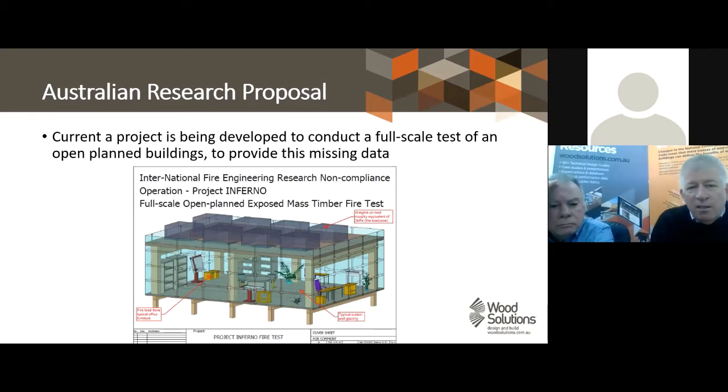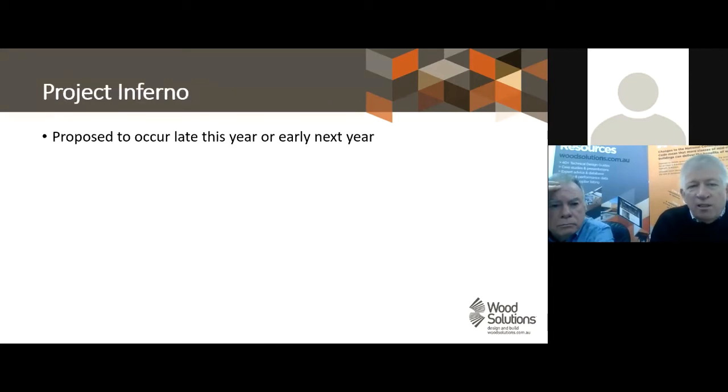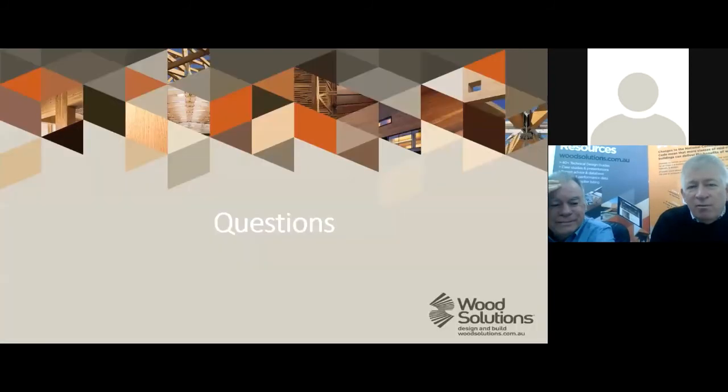It has a tongue-in-cheek name, Project Inferno, and it's in the early days of starting. It's proposed to occur later this year or early next year, and we're currently seeking funding partners. So send checks to us here at Wood Solutions.